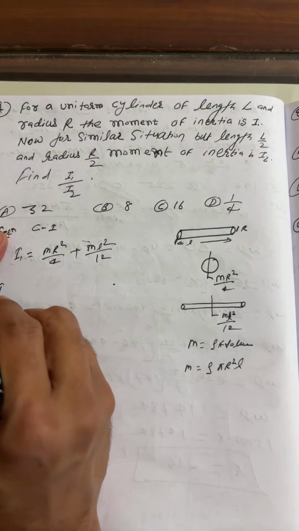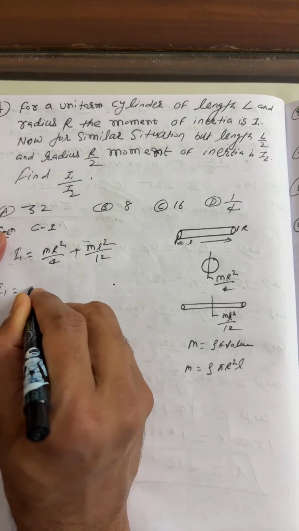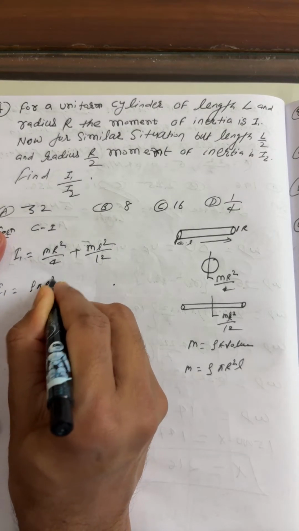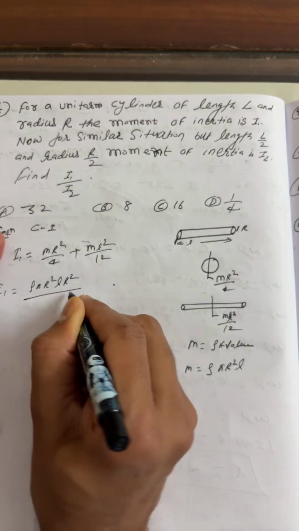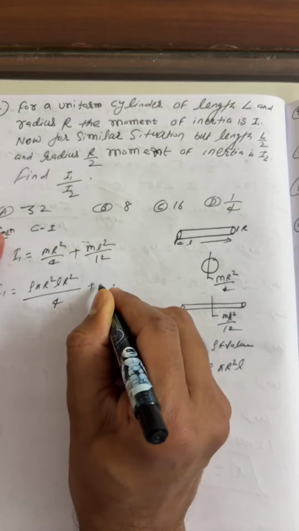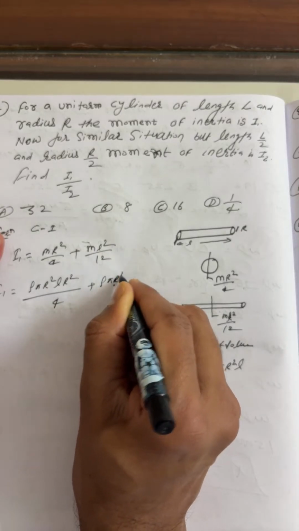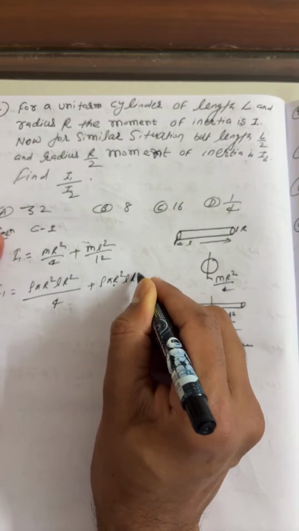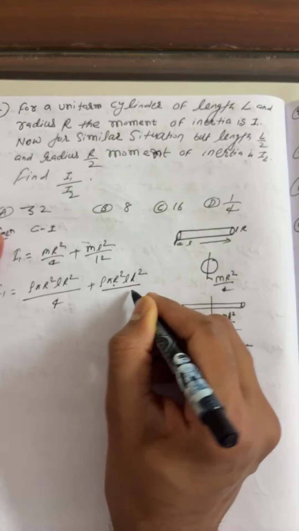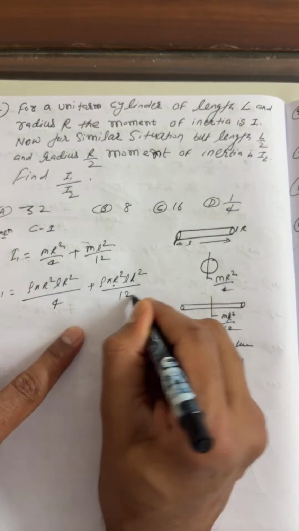So, students, you will get rho pi r square L into r square upon 4, plus rho pi r square L into L square upon 12.